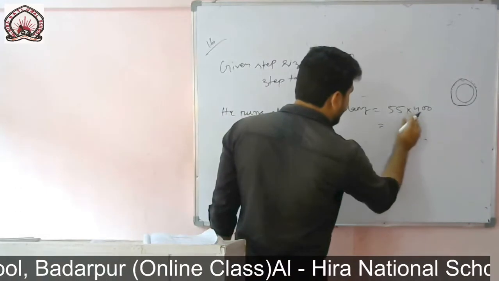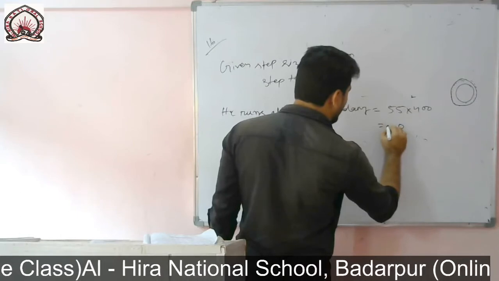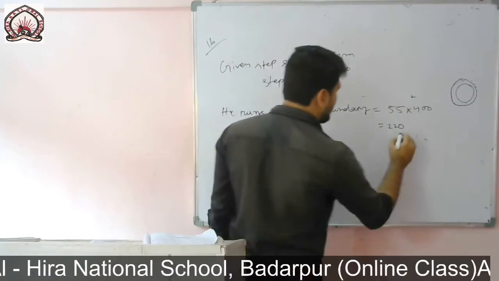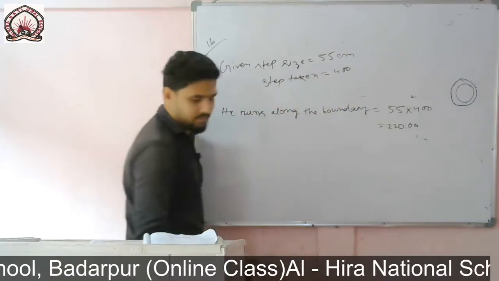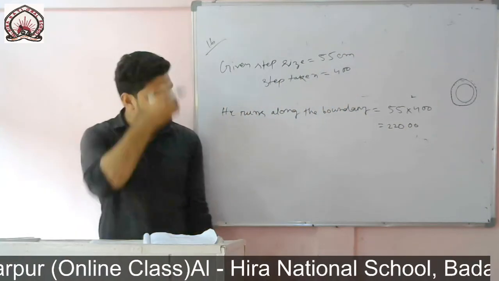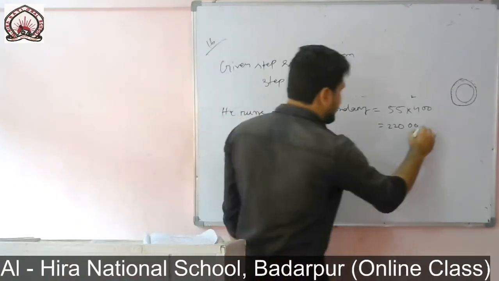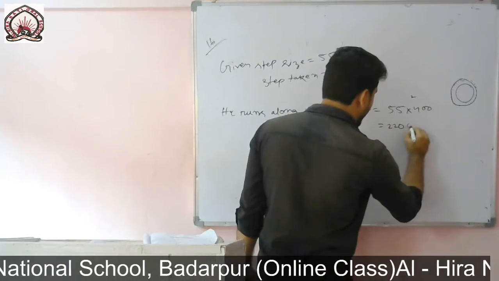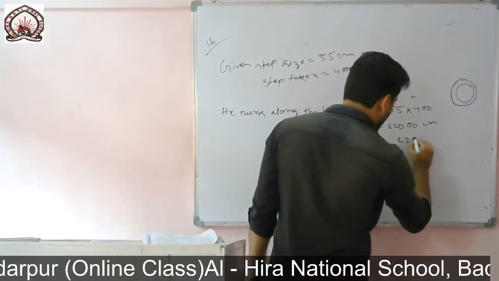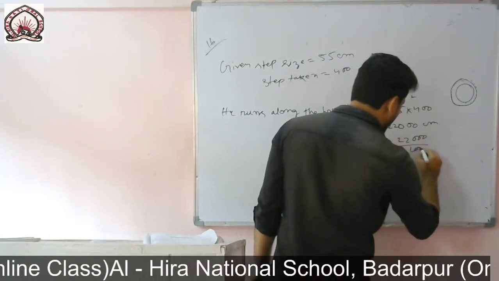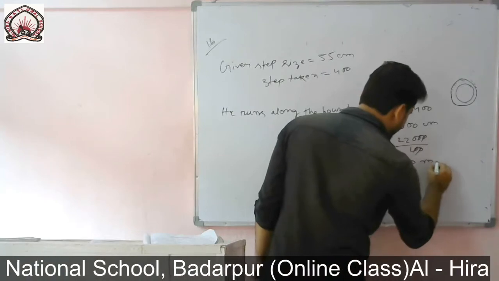So 55 into 400 gives 22000 centimeter. Now convert it into meter, then we get 220 meter.